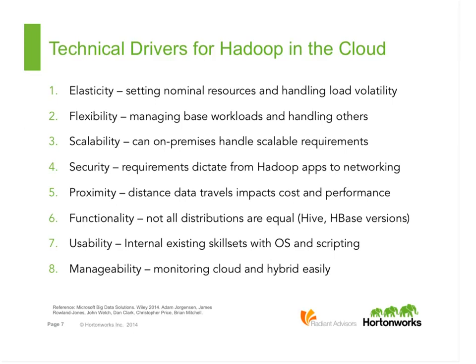Elasticity and flexibility, that's one where they're looking at the bursting kind of nature and looking at how do we meet the demands of our workloads. Security is always there, but proximity, when we're talking about where that data should be aggregated, is another one. The functionality, saying we have to be careful about the distributions we're working with.